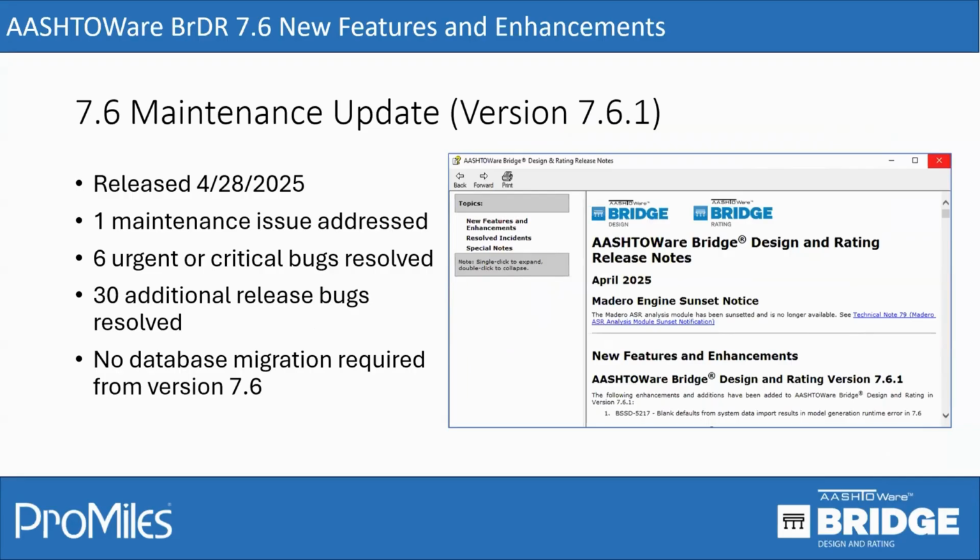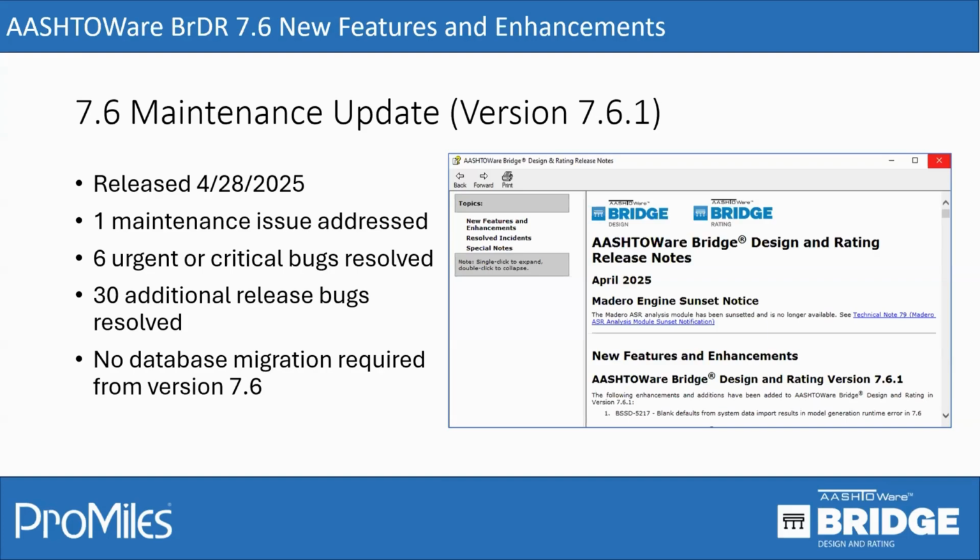All right. So after we released 7.6, we heard from a couple of states on some things that needed to be addressed with it. So yesterday we released the 7.6.1 maintenance update. This should be available to download and install now.